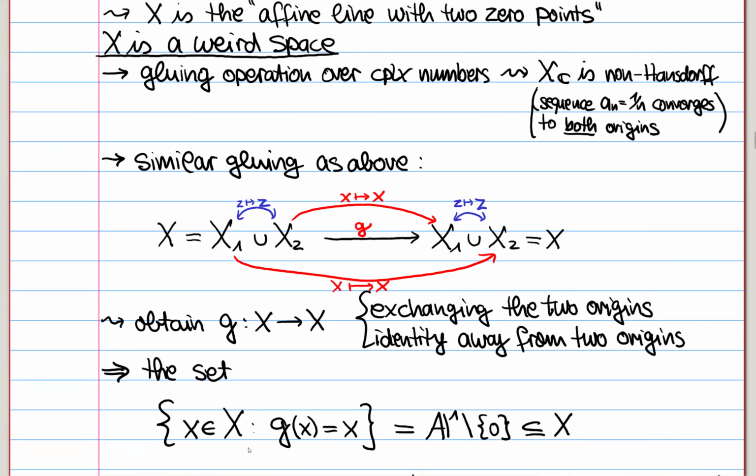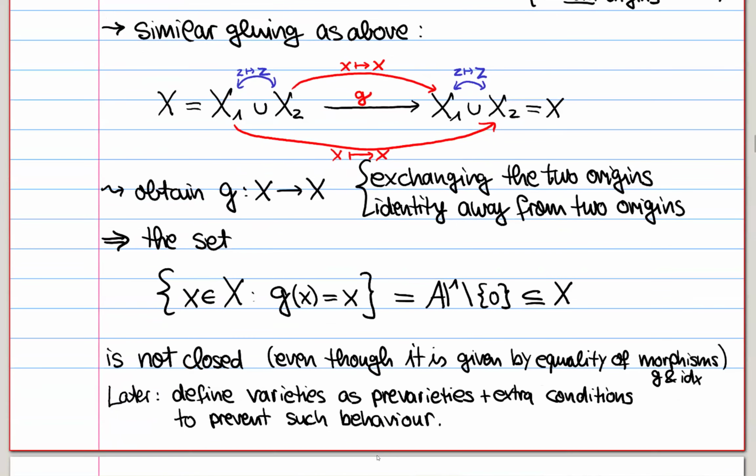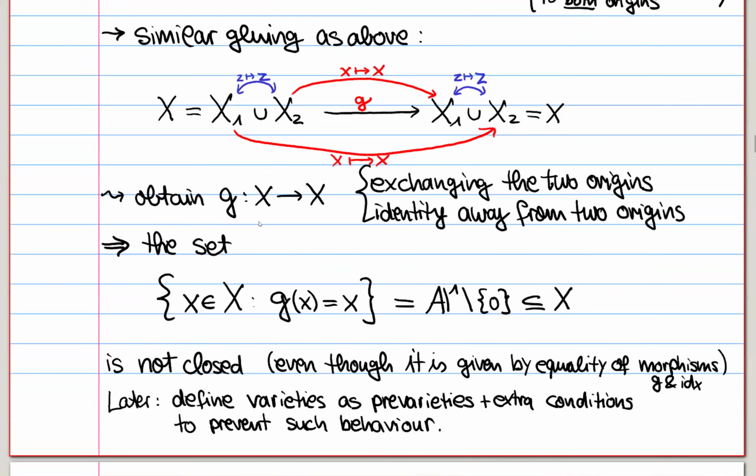So it looks a priori a bit weird. Why do we consider this set here? But you see, g is a morphism from X to X, and the identity, which sends x to x, is also a morphism. And here we have looked at the set of points where two morphisms coincide. Normally, if such a set is described by an equality of morphisms, we would hope that it should be closed.